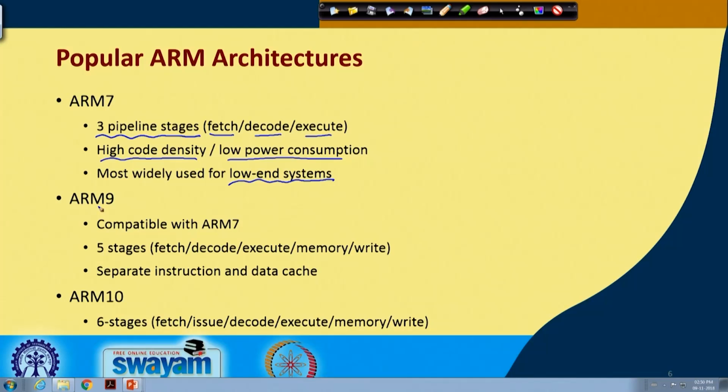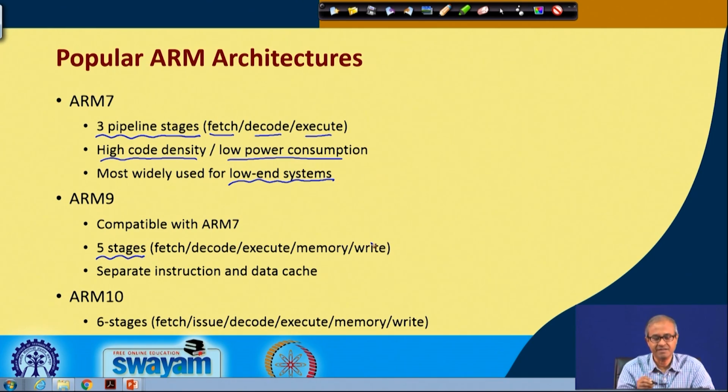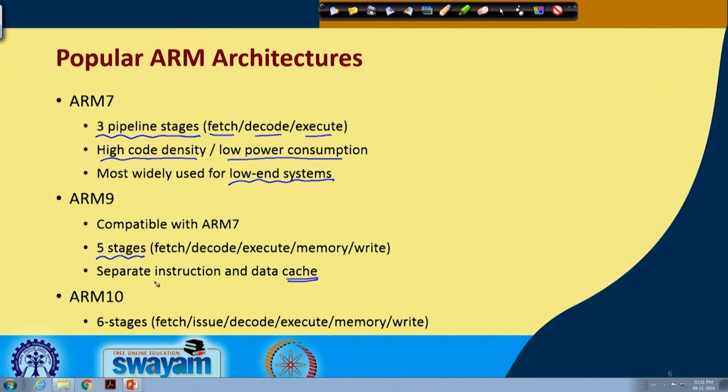Coming to ARM 9, first thing is that these are all backward compatible, but the pipeline stage was enhanced to 5 stages: fetch, decode, execute, memory, write, and the concept of cache memory came in, and there was a separate instruction cache and separate data cache. In ARM 7, instruction and data were both in the same memory.